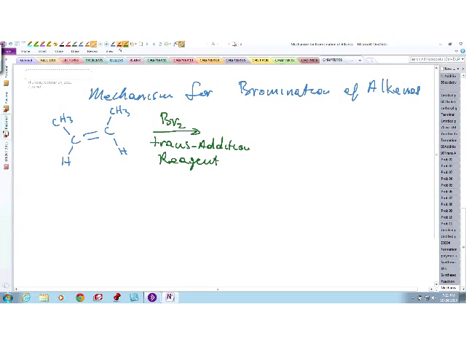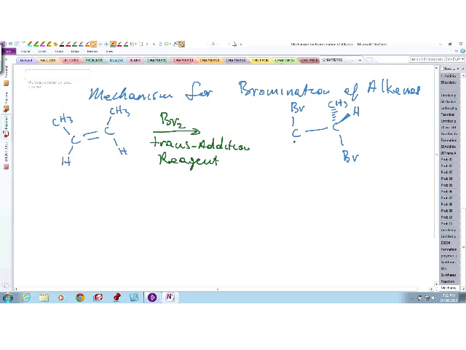In other words, if you look at this here, one bromine comes from the top, the other comes from the bottom, right here. The methyl is pushed up, going away, and the hydrogen is pushed up, also coming at you.